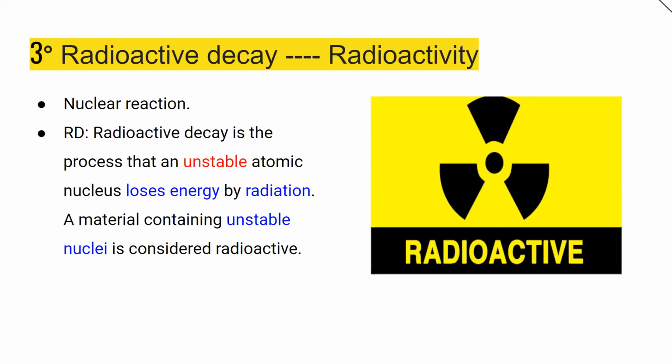The energy is released as a gamma ray, a form of light. You know what a gamma ray is? It is radiation. So by using gamma rays, energy is released. A material containing unstable nuclei is considered radioactive.